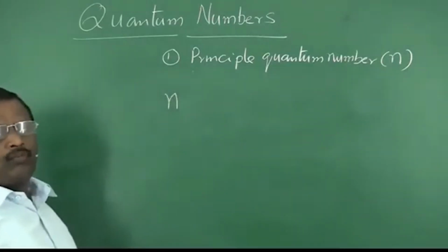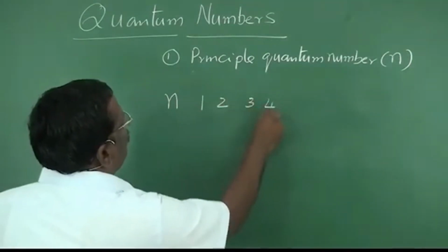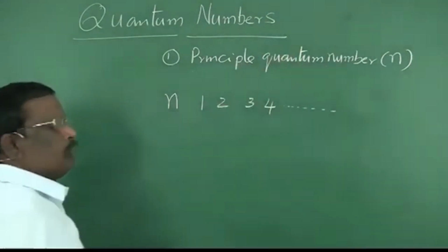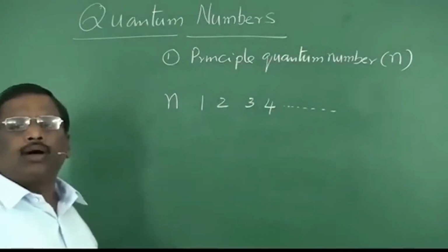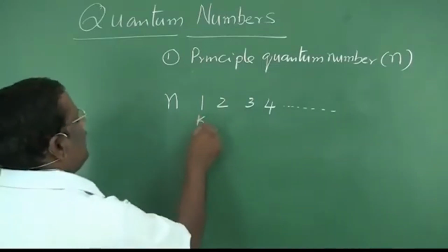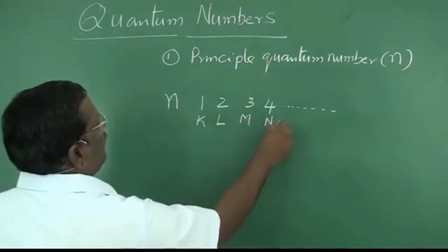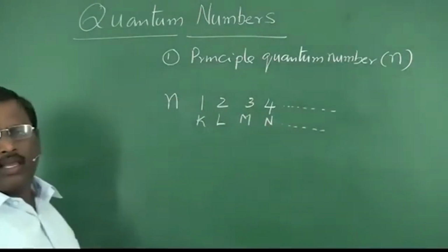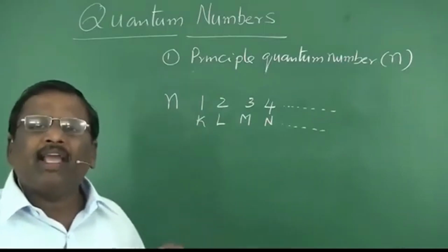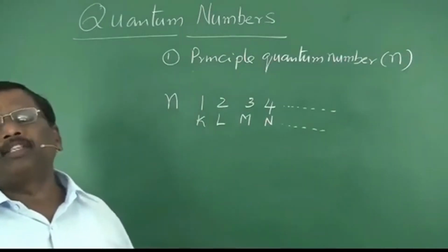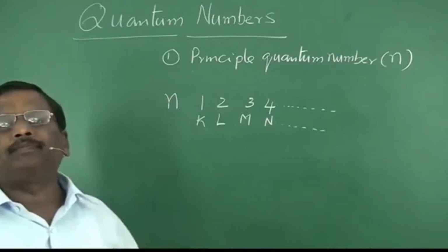The values of this quantum number are 1, 2, 3, 4, and so on, or sometimes they may be represented with capital letters K, L, M, N, and so on. This was proposed by Niels Bohr to explain the hydrogen spectra.